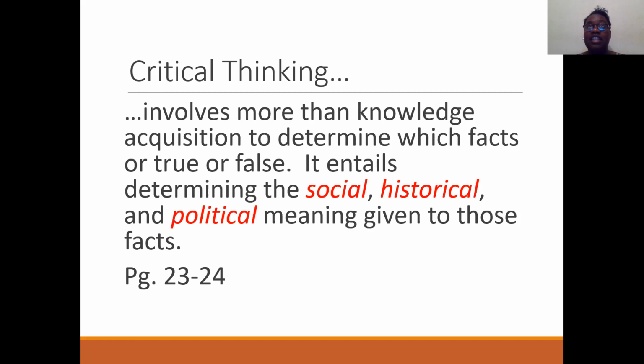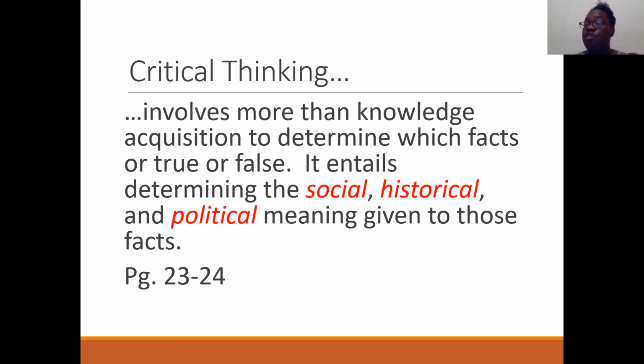That's metacognition, but I also want us to push ourselves to think critically about it. What are the social, historical, and political meanings I'm giving to anything that I'm learning or anything that I perceive that I know?